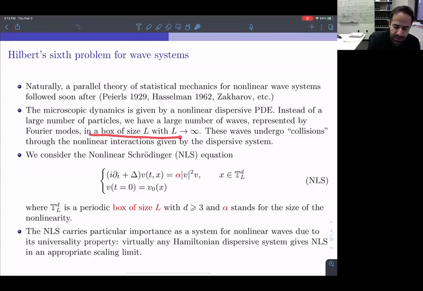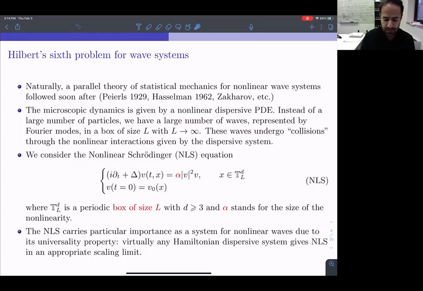And this solution is set in a box of size L, and this is the L that will be going to infinity. So the size of the box will take the role that was taken by the number of particles in Boltzmann's theory. And we will think of those waves as undergoing collisions through the nonlinear interactions that are given by the dispersive system.